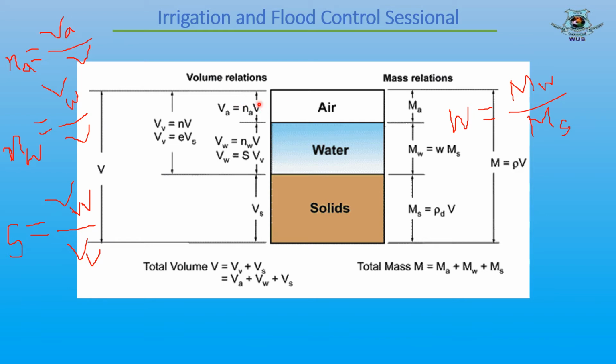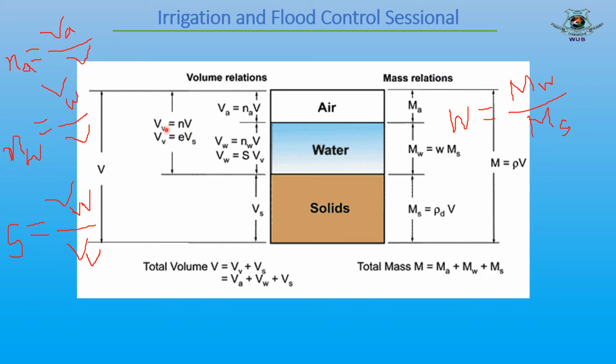Here the sum of these two volumes, that means volume of air and the volume of water, represents the total volume of voids, and the volume of voids can be calculated using these two equations. Here first equation VV equal to N into V. N represents porosity, so when porosity is given we will use this equation.